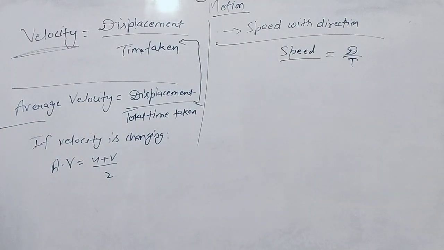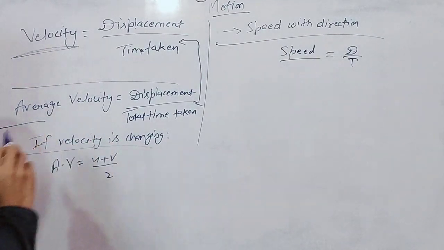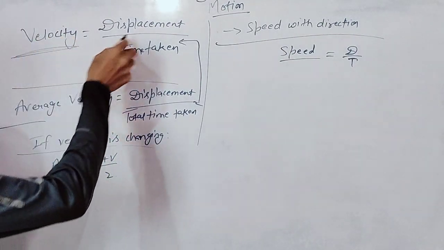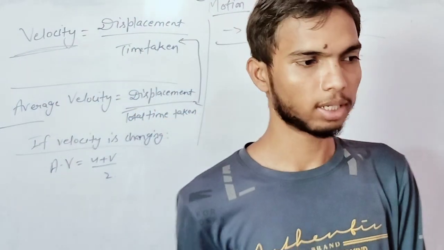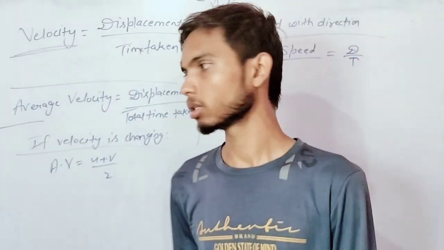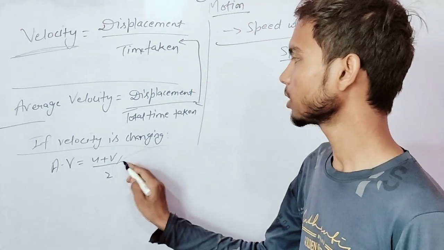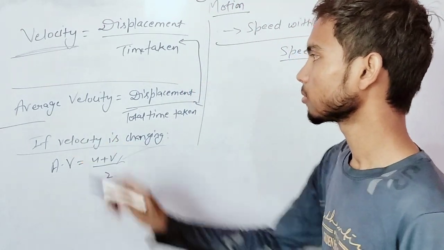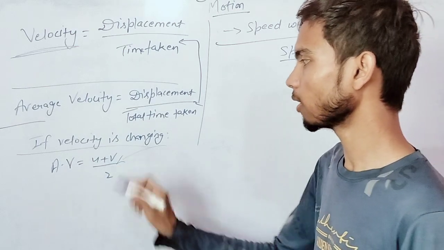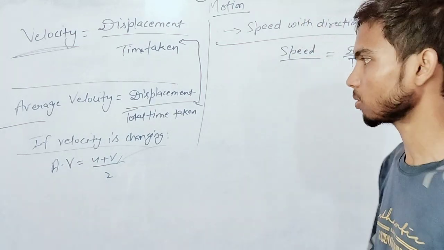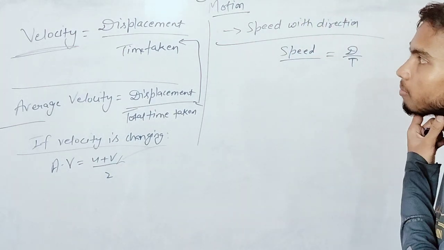So if velocity is changing, then you will apply u plus v upon 2. If velocity is not changing, just apply the total displacement. If velocity is changing, you come in the category of average velocity. Are you clear?